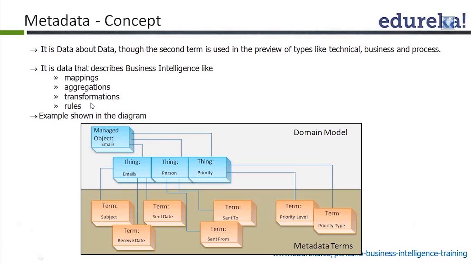It ties together your technical information with business information and process information. It is data that describes business intelligence, like mappings, aggregations, transformations, and rules. Again, there can be great complexities depending on your requirement, especially in the telecom domain, which has very complex processes.